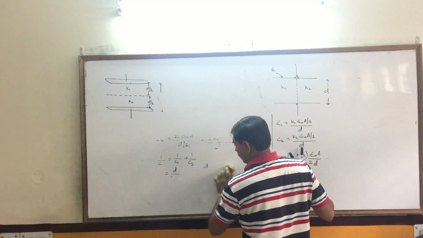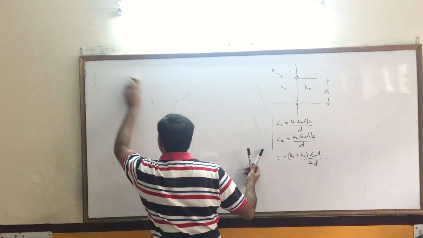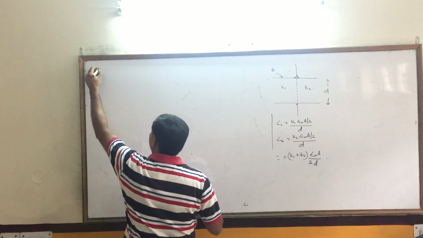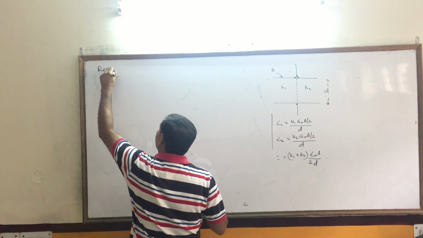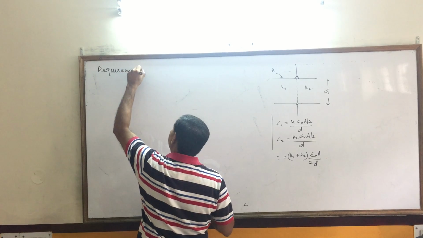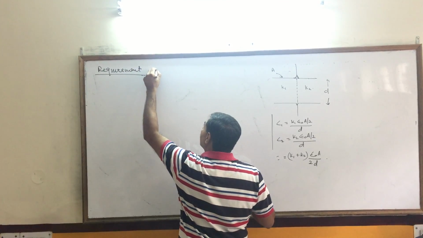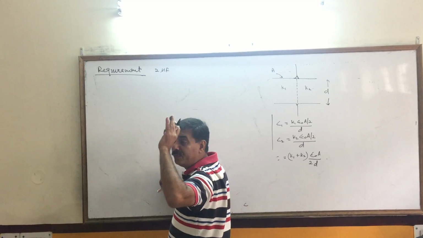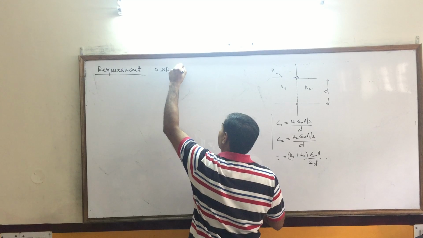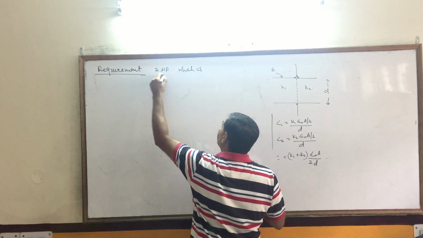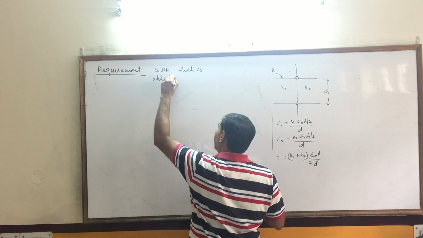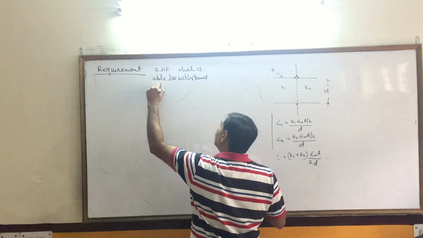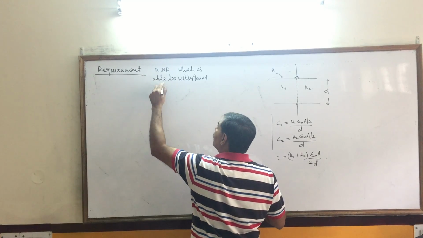An electrical technician requires a capacitance of 2 microfarads in a circuit across a potential difference of 1 kilovolt, which is able to withstand 1 kilovolt. 1000 volts.